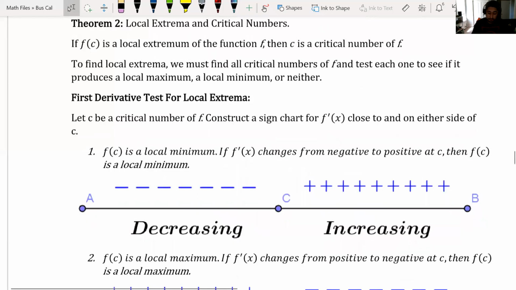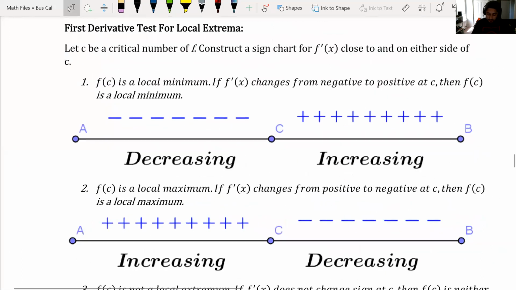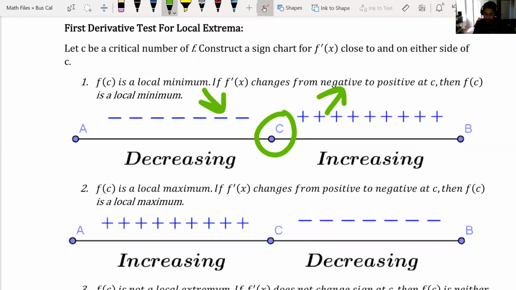So here we have a local minimum: if the graph goes from decrease to increase, then c would be a local minimum. Let me make that better. c would be a minimum, okay?